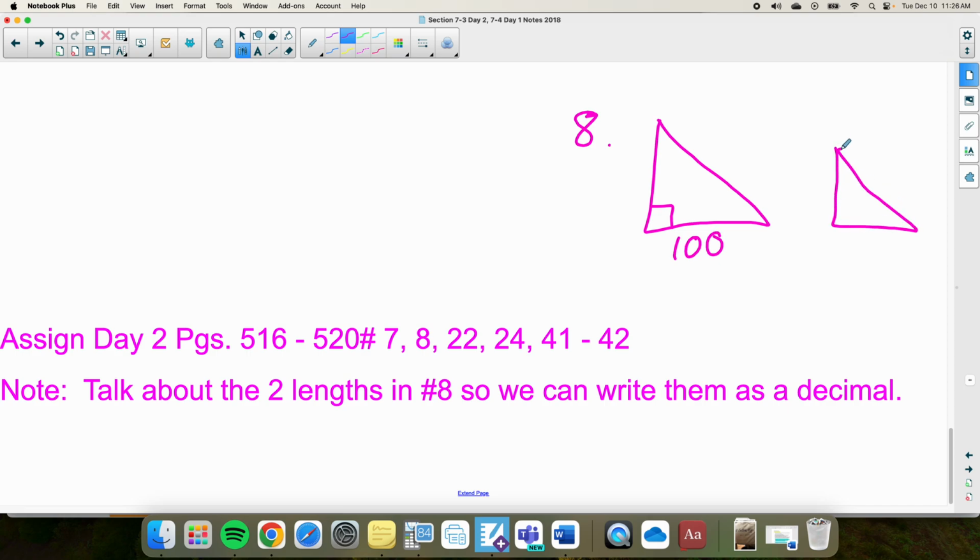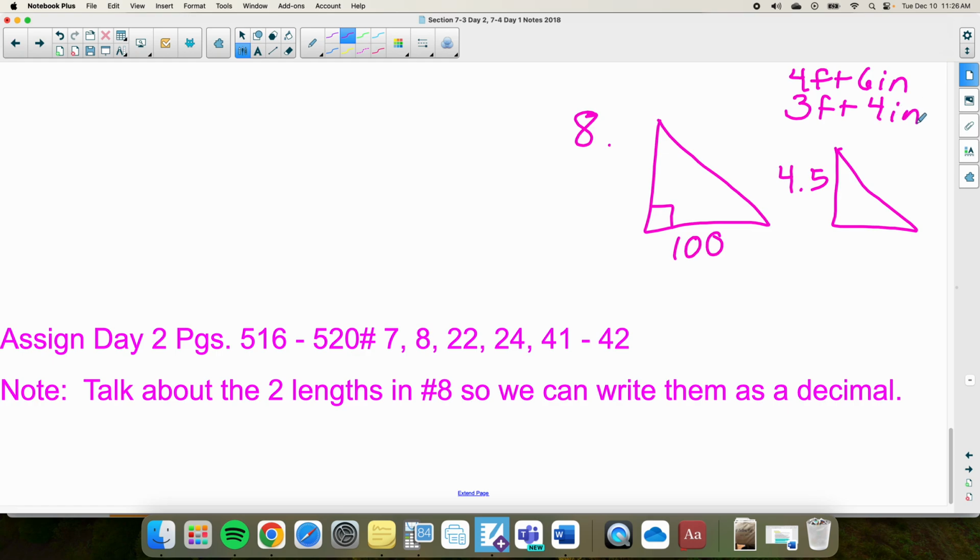So think about this, 4 feet 6 inches would be 4 point what? 5, right? 6 inches is half a foot, so this is 4.5. And then the shadow is 3 feet 4 inches. So think about that.